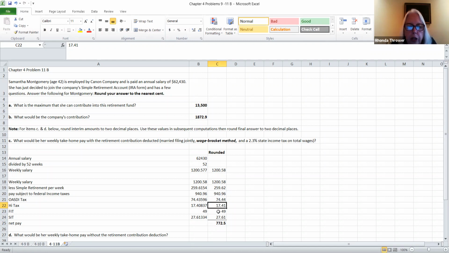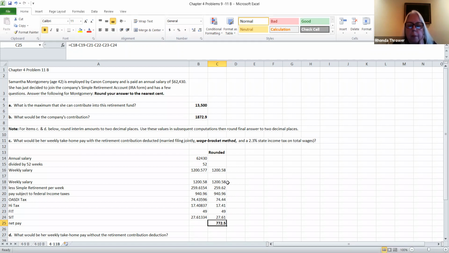We got the $49 from the wage bracket table, and then we have to find the SIT, the state income tax, based on the $1,200.58.